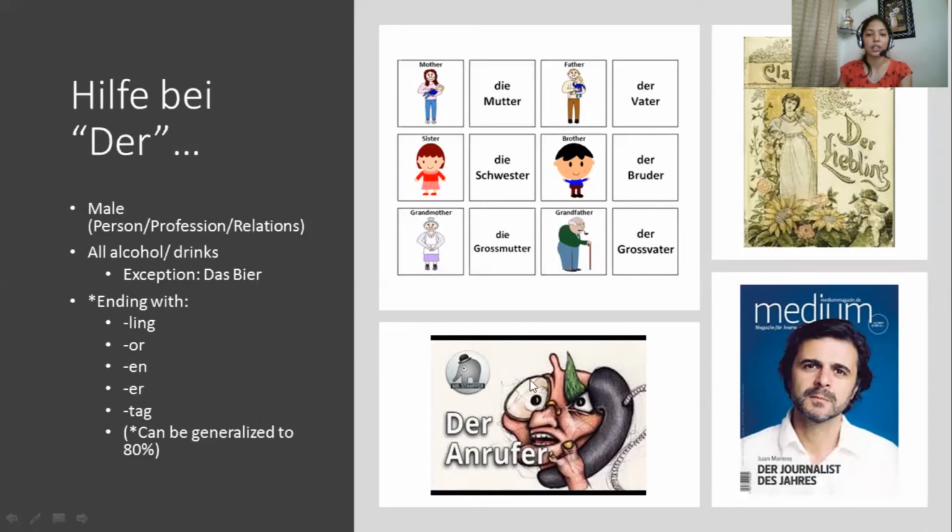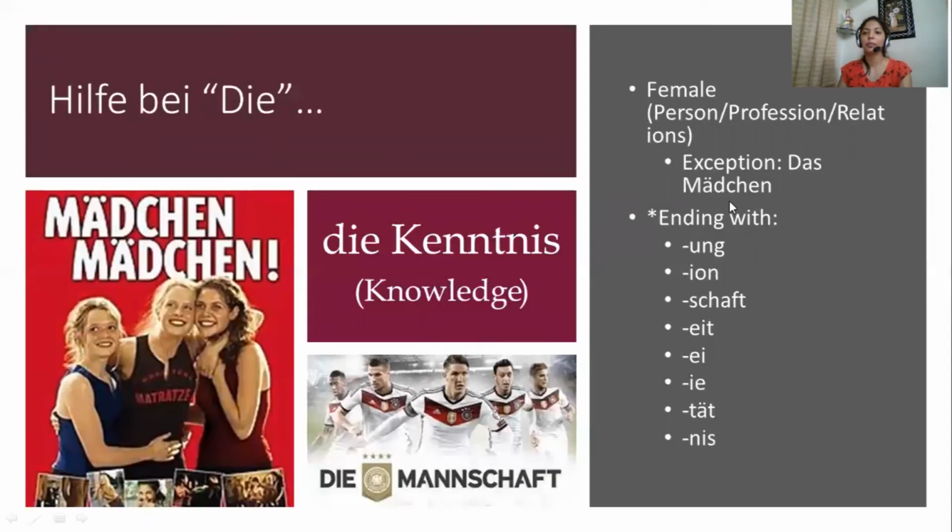So let's move ahead to die. Hilfe bei die. Over here again, if the person, profession or relation is female, you always have the article die. Now here is a small exception with the word das Mädchen. Das Mädchen means a young lady. So now this is also not an exception.